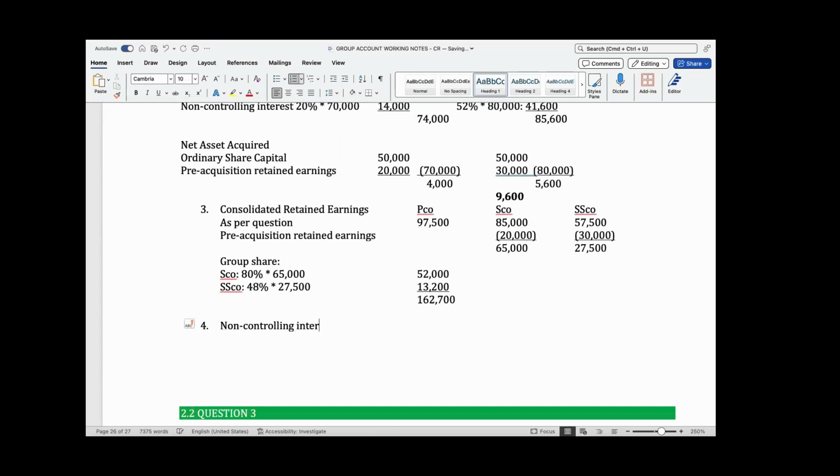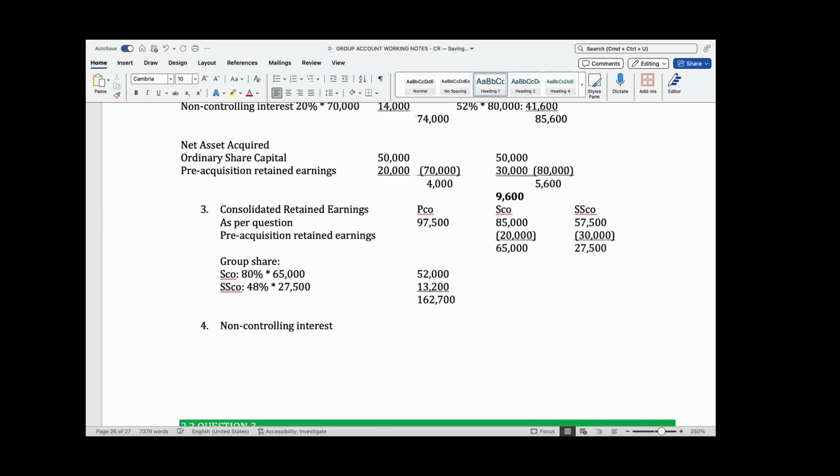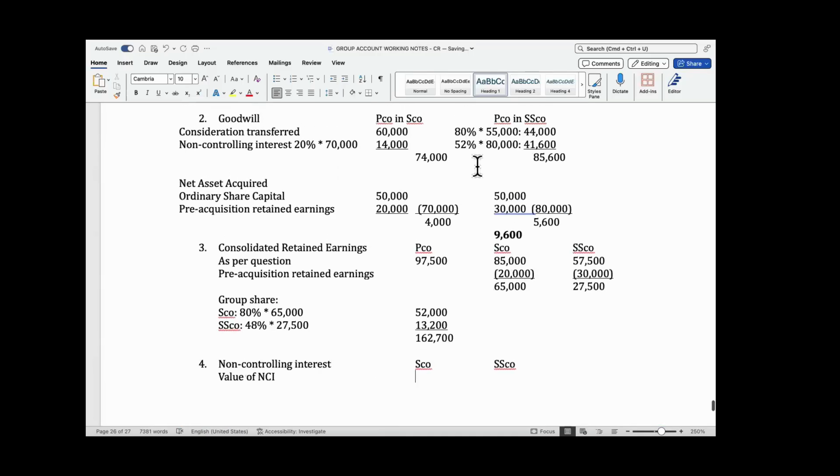And non-controlling interests, we have ESCO and also SSCO. So the value of our NCI, we just pick it from here. The aim of this is just to get the value, like I keep saying, because we don't actually cancel out this.